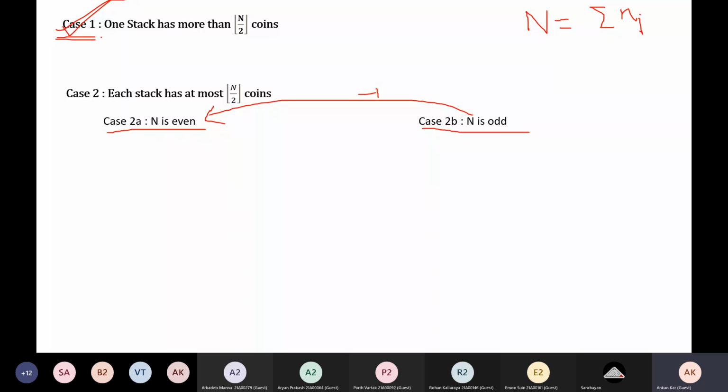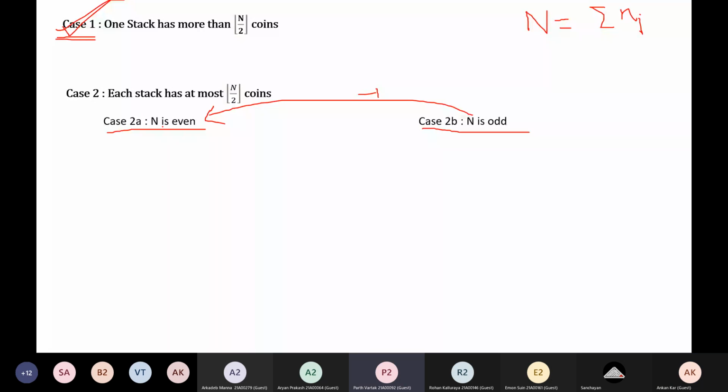If one coin in one stack and two coins in the other stack, it will reach case 1A. You can see why, right? Yes, sir. If n is even, B will be taking the last coin. So if it reaches case one, then A will win, but if it doesn't reach case one, then B will win.